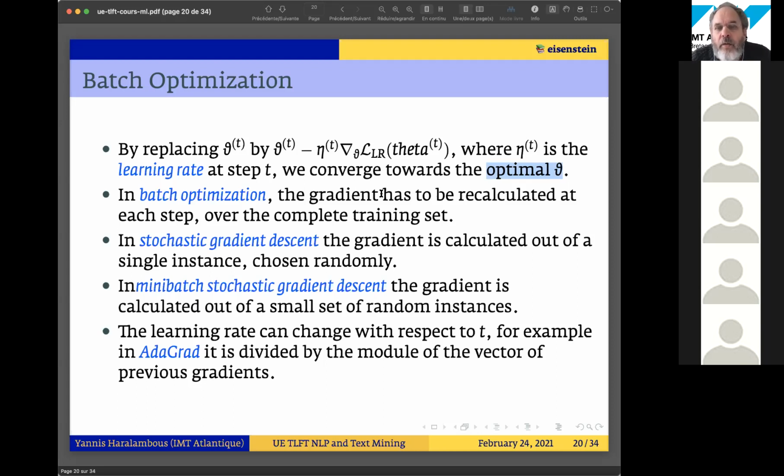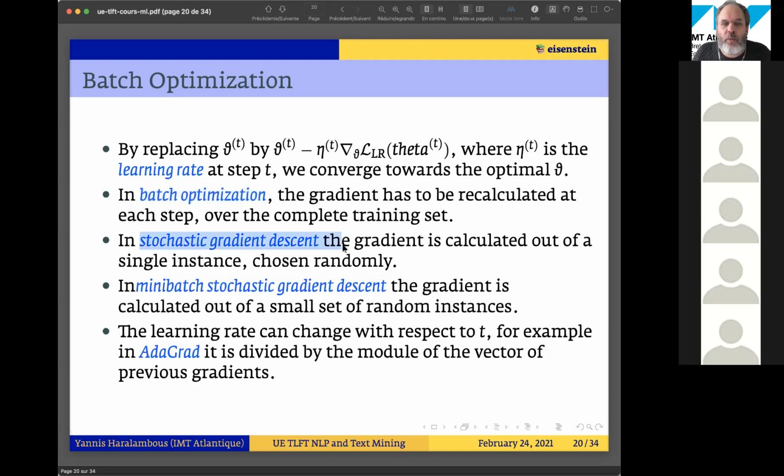I can recalculate the gradient for each instance, for a given instance, so a given document chosen randomly. Or I can take a set of instances, a set of documents, and calculate on those. So this is batch optimization. I calculate the gradient for everybody. If my training set is not very large, I can do that.